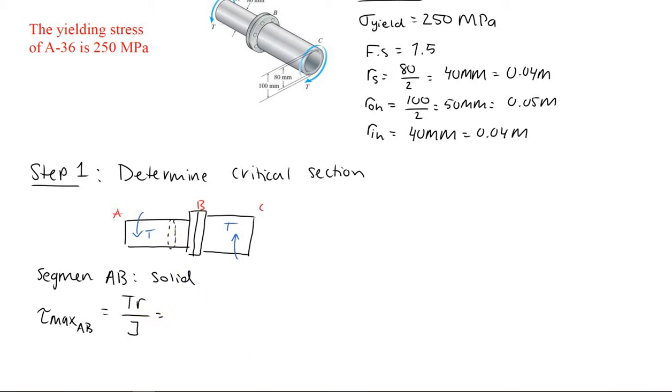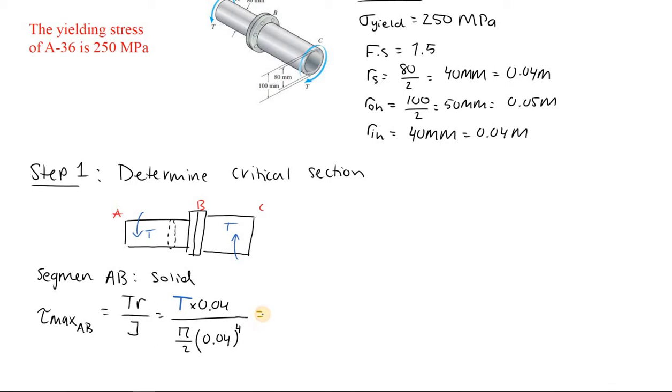So I'm going to put my T in this blue color. My T is my unknown times my radius of the solid, which is 0.04, divided by pi on 2 times my radius to the power of 4.